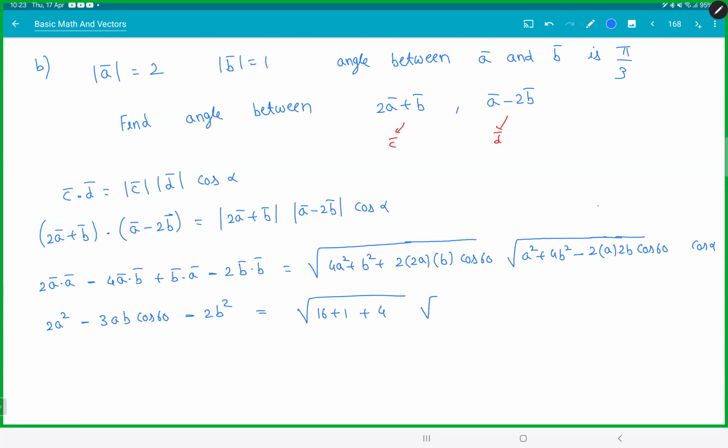This is 4 by root over 4 plus 4 minus 4 cos alpha. 2A square is 8 minus 3 minus 3 minus 2, root 21 root 4. 8 minus 3, 5 minus 2, 3. Cos alpha is 3 by 2 root 21.